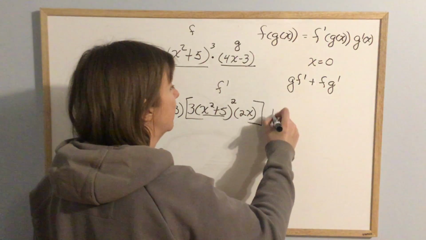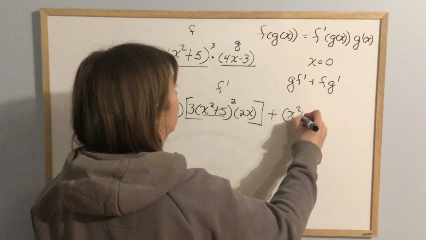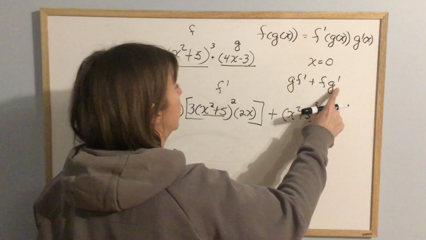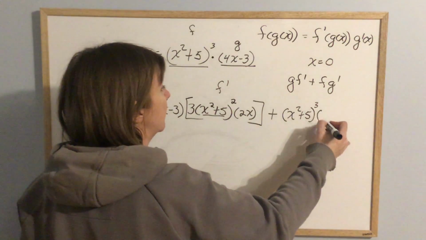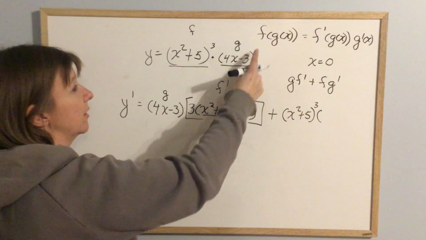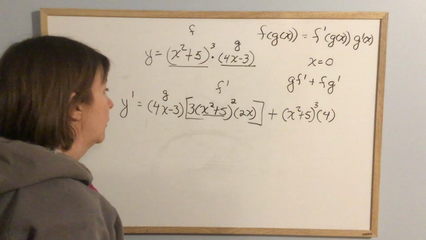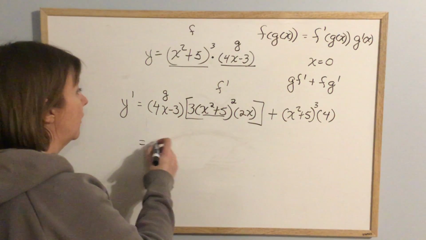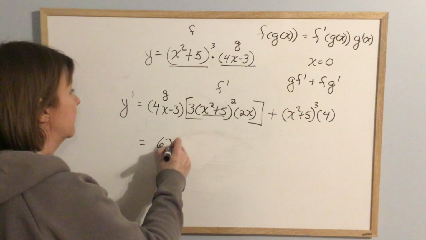So now I have to do plus. Leave f alone, so x squared plus 5 cubed, but do the derivative of g. Now the good news with the derivative of g is there is no exponent up here, so it's just 4. So if I wanted to clean this up at all, 2x times 3, that would be 6x.